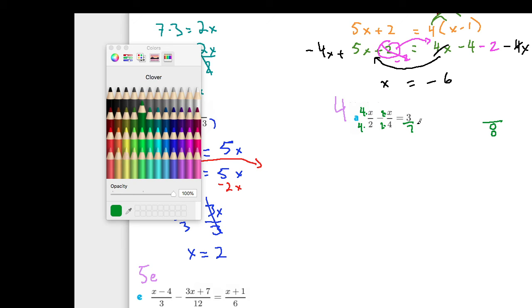And finally, this denominator is 1, so I need to times him by 8, and that way I can times this side by 8 as well. So what you essentially have is 4x minus 2x over 8 is equal to 24 over 8.